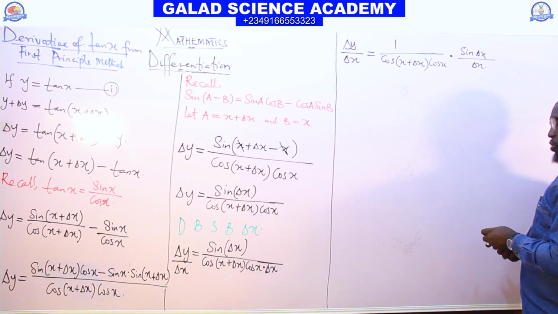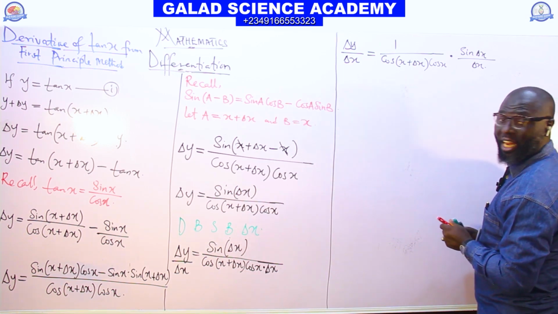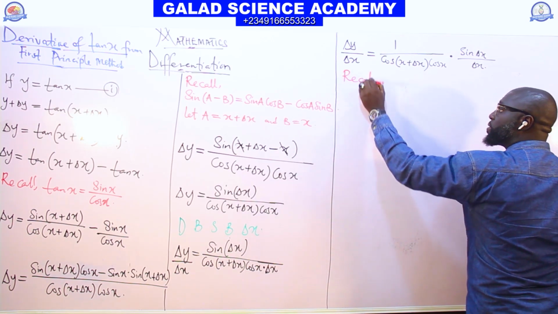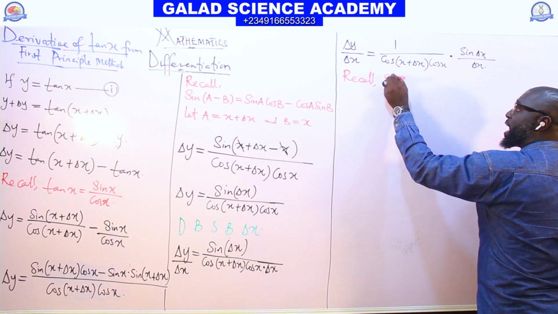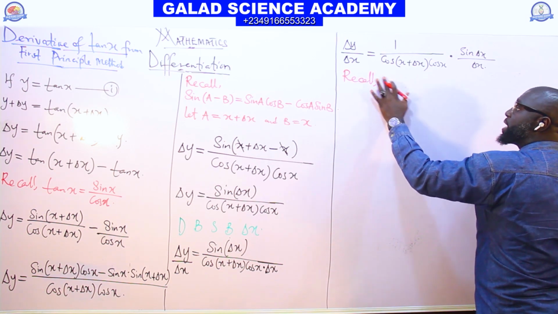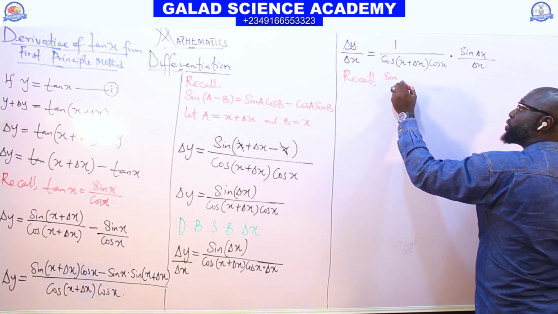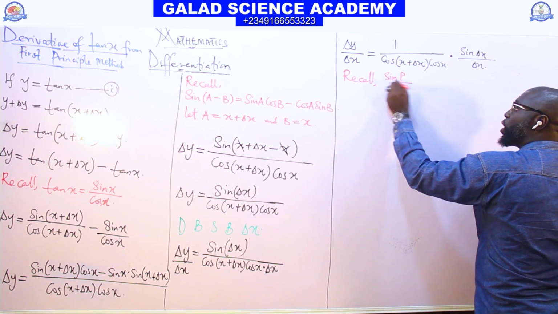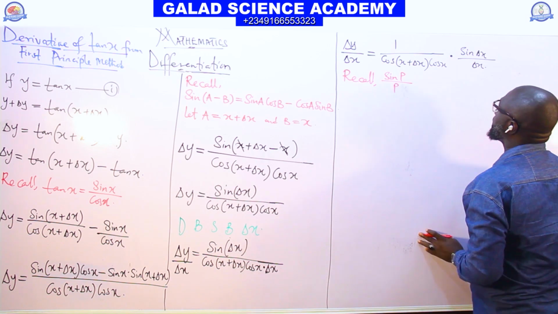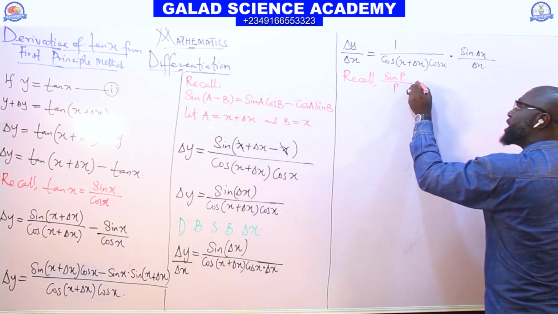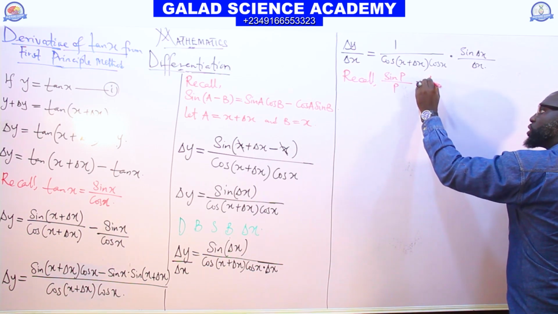There is a particular rule which always tells us that whenever we have sine of an angle P over P, or sine of change in x over change in x, it is always equal to 1.